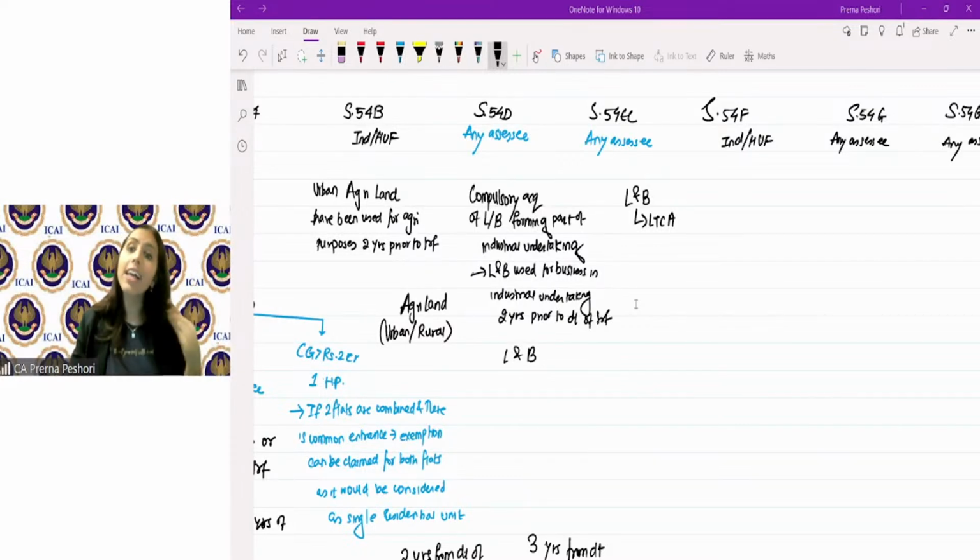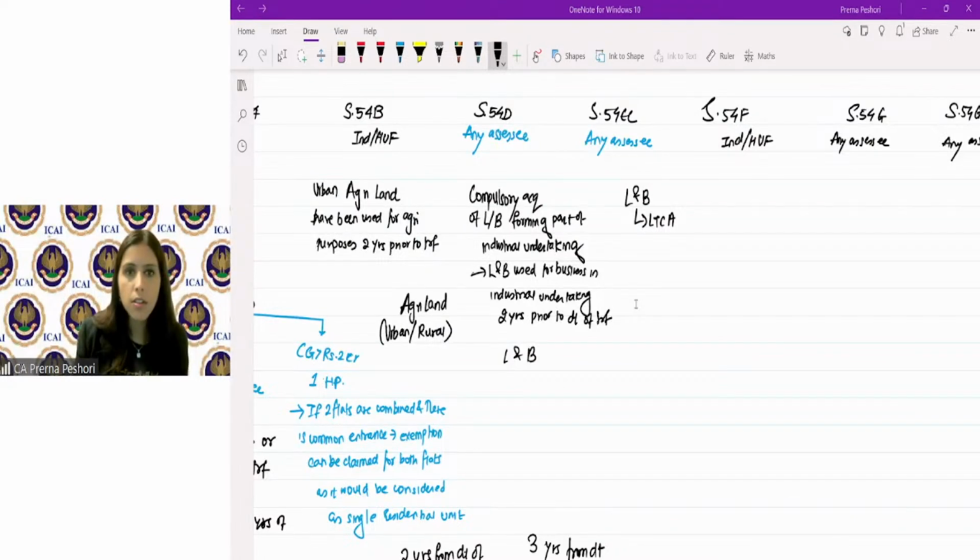It doesn't say that the assets are short-term capital assets. It says the capital gain on sale of depreciable asset will be deemed to be the capital gain arising from the transfer of a short-term capital asset. It doesn't say the depreciable assets are to be considered short-term capital assets. So the section 54EC exemption can be availed even on sale of the depreciable asset if those assets have been held for more than 36 months.